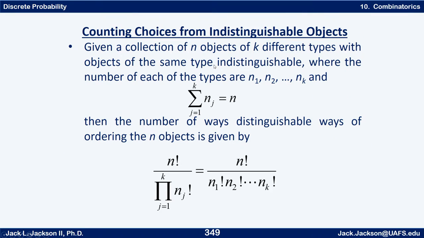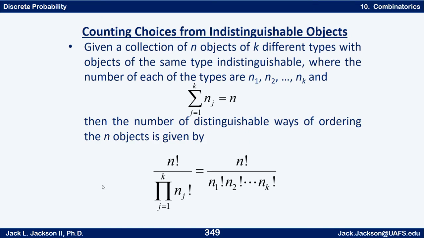And so this leads to a general technique. If we're given a collection of n objects of k different types, with objects of the same type being indistinguishable, meaning you can't tell them apart, where the number of each of the types are n1, n2, and so forth up to nk, and you add up these numbers of each type and you get the total number of objects, n, then the distinguishable number of ways of ordering the objects is given by this formula: n factorial over the product from j equals 1 to k of n sub j factorial.